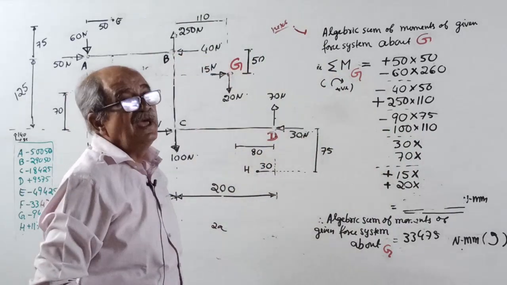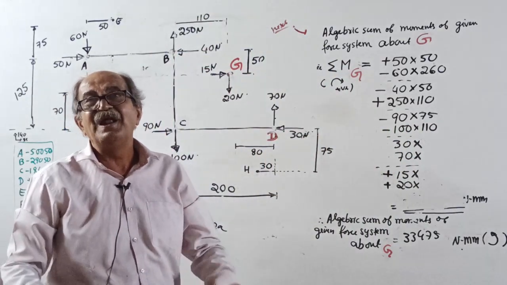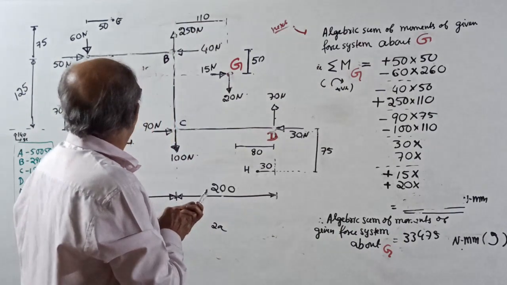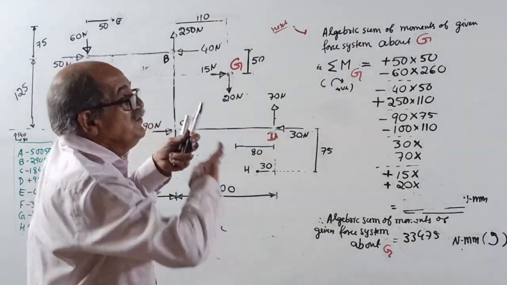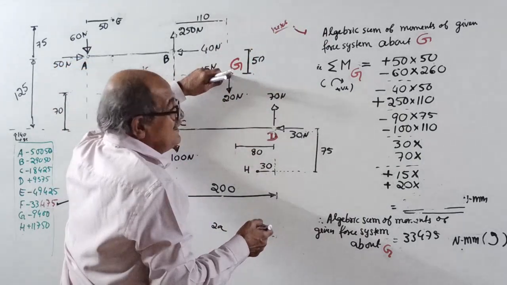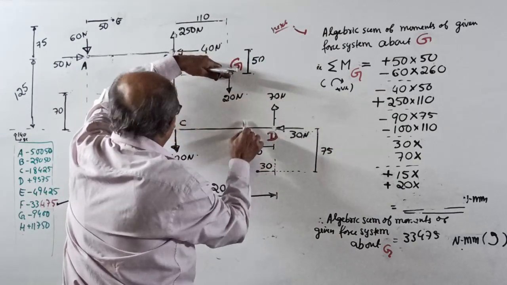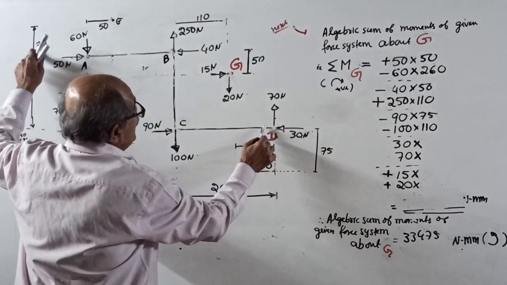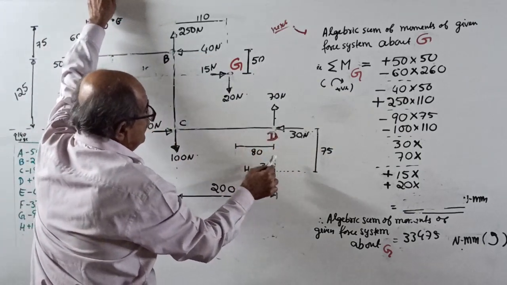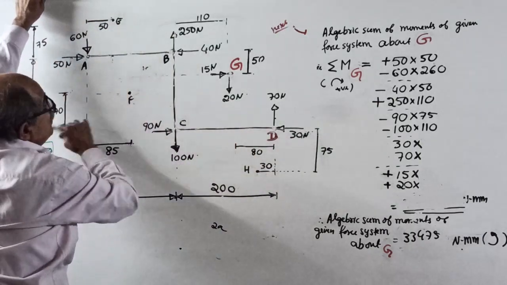See, all this I am explaining for your benefit. If I am doing it myself, I don't require to take the finger or move the hand, nothing. I will stand here and calculate. I don't require this into this into this. Okay, 30 into this distance: 125 minus 50.